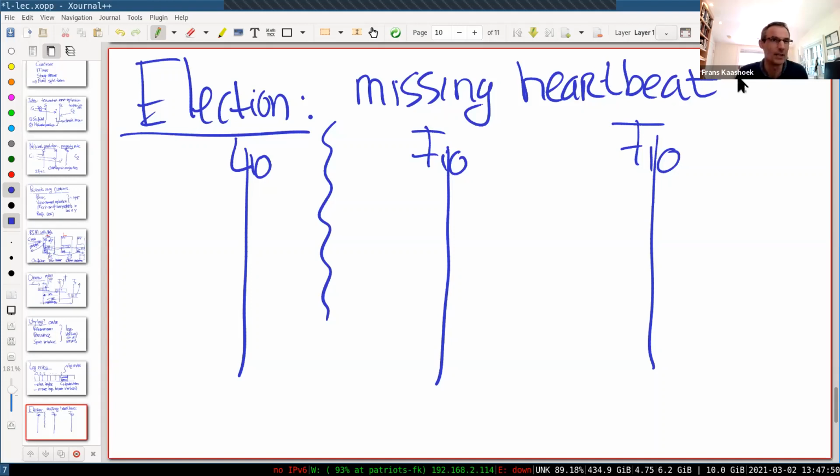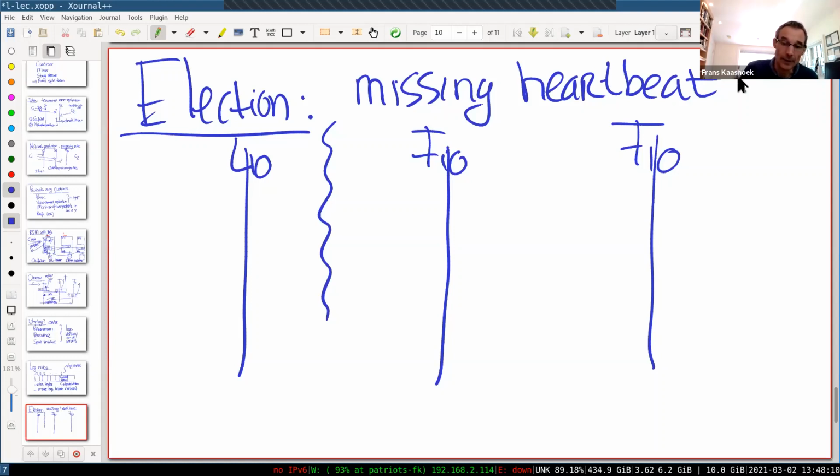The heartbeat takes the form of a normal append entry, except with no new log entries. The leader just tells the followers in the heartbeat, my log is this long, and this is my last entry, and if those match, then everything is good.